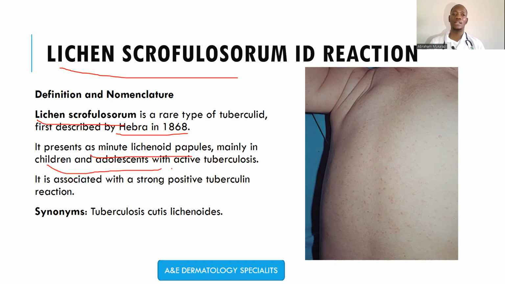It's common in children and adolescents with active tuberculosis, and it's associated with a strong positive tuberculin test, and it's also called tuberculosis cutis lichenoides. In this picture, the child has very minute lichenoid papules, and that is what we call tuberculosis cutis lichenoides.